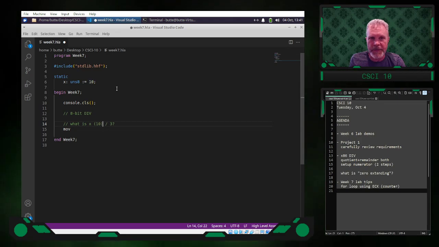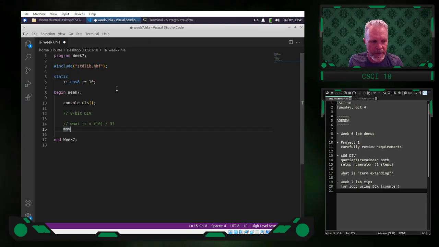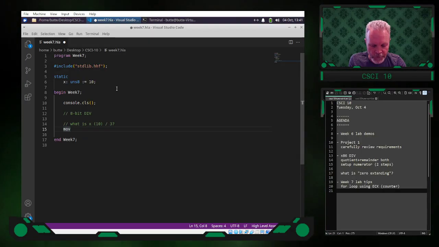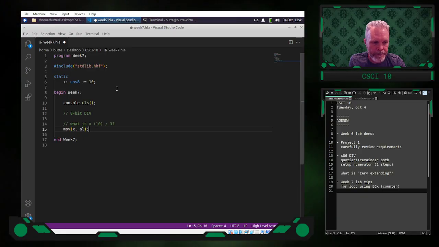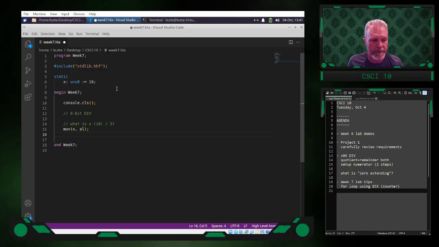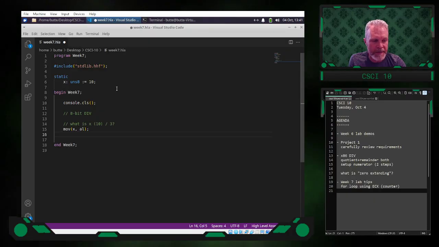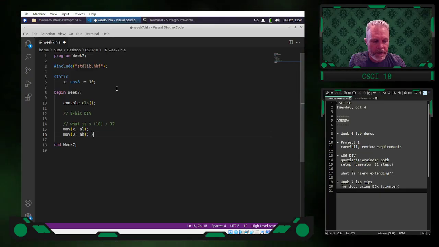So what is x divided by 3? How do we solve that problem? 10 divided by 3. So we set up the numerator first. So we're going to move x into AL. Step 1 is to move x into AL. Step 2 is to move 0 into AH.